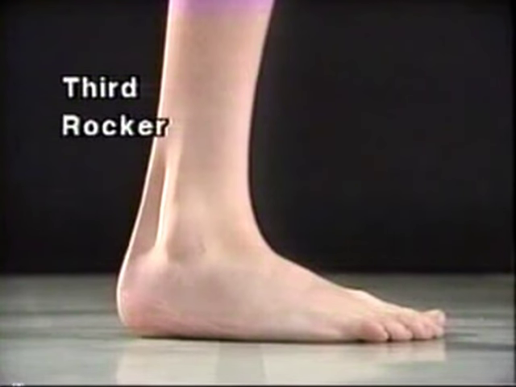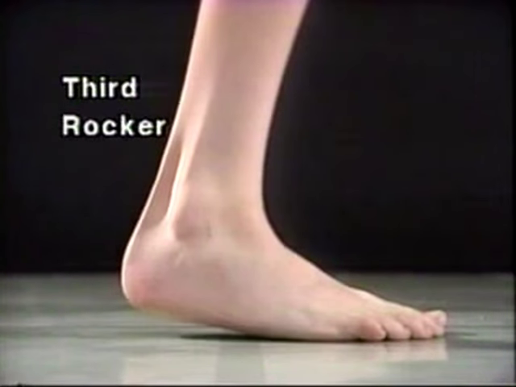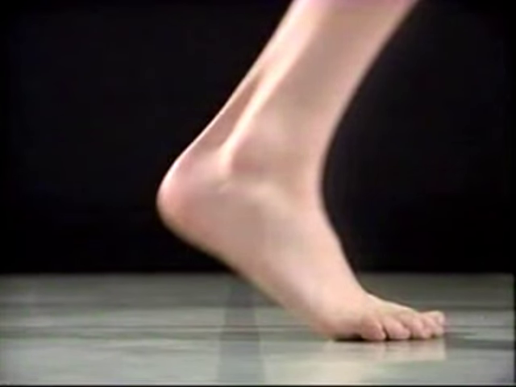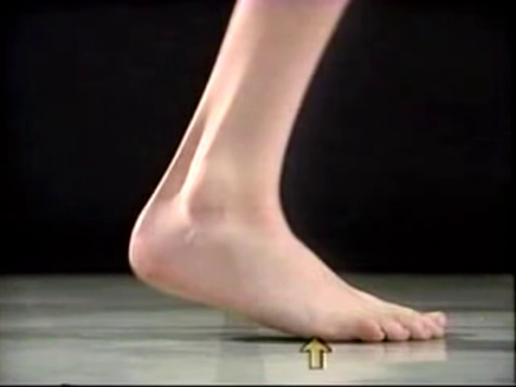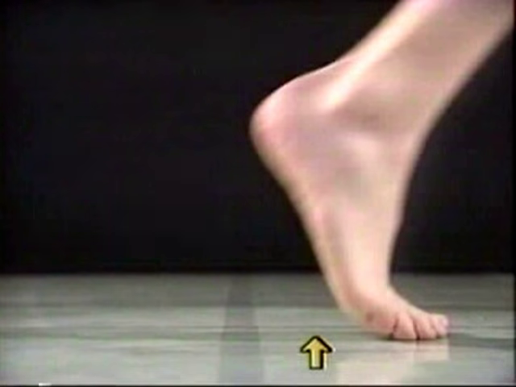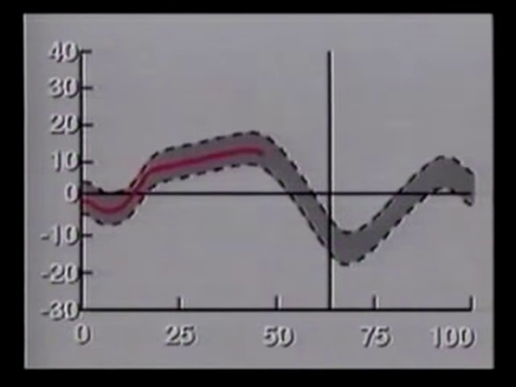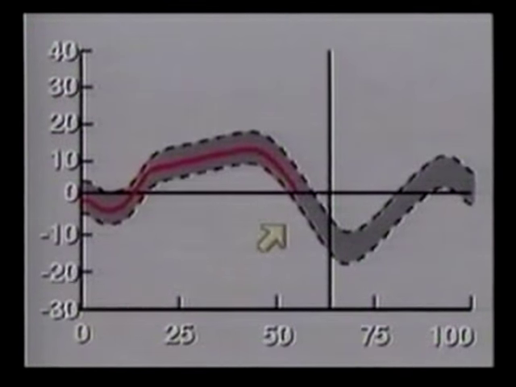Third rocker begins when the action of the plantar flexor muscles has fully arrested the forward progression of the tibia. This forces the fulcrum of the pivot forward to the metatarsal heads, and the heel rises off the ground. The kinematic graph shows a period of plantar flexion. The action of the plantar flexor has now switched from eccentric to concentric.